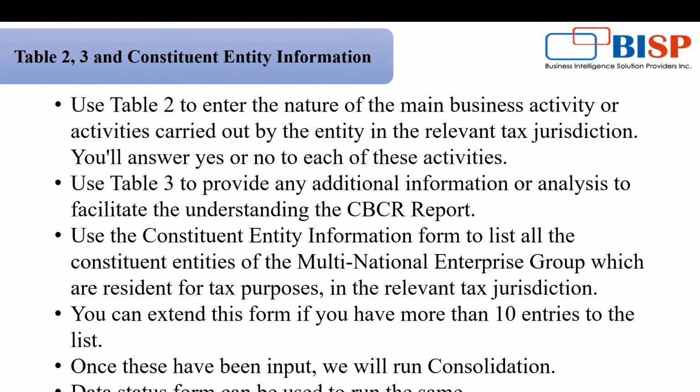We can take an example: if one country shows high revenue but low employees, you can explain it due to outsourcing. Or, as we are working on TRCS, if the tax paid is very different from the tax accrued, you can clarify the deferred tax or prior adjustment, right? So the constituent entity information form is an essential listing of all entities in the group, and their tax residency.